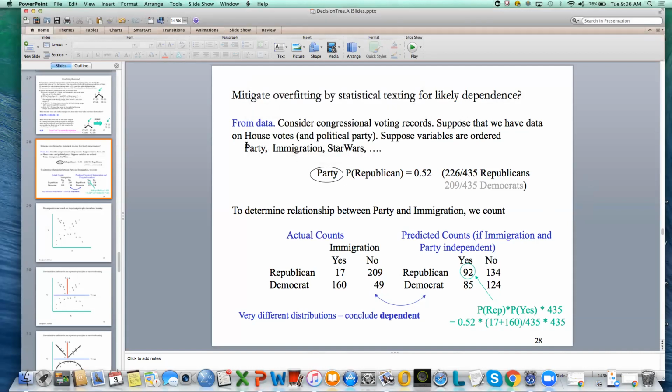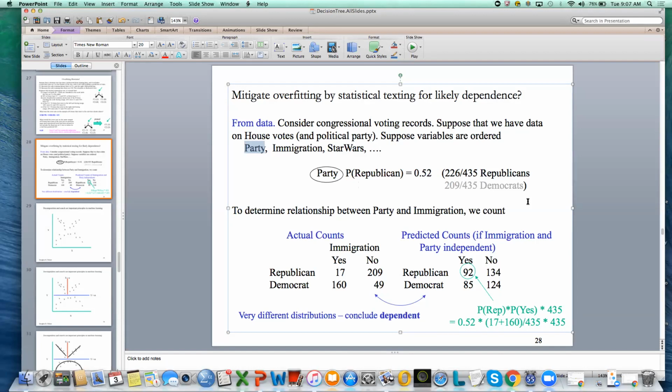But in this case, party is the class, Republican or Democrat, and these other variables like immigration, Star Wars, these are the independent variables, the items, the bills that Congress voted on.